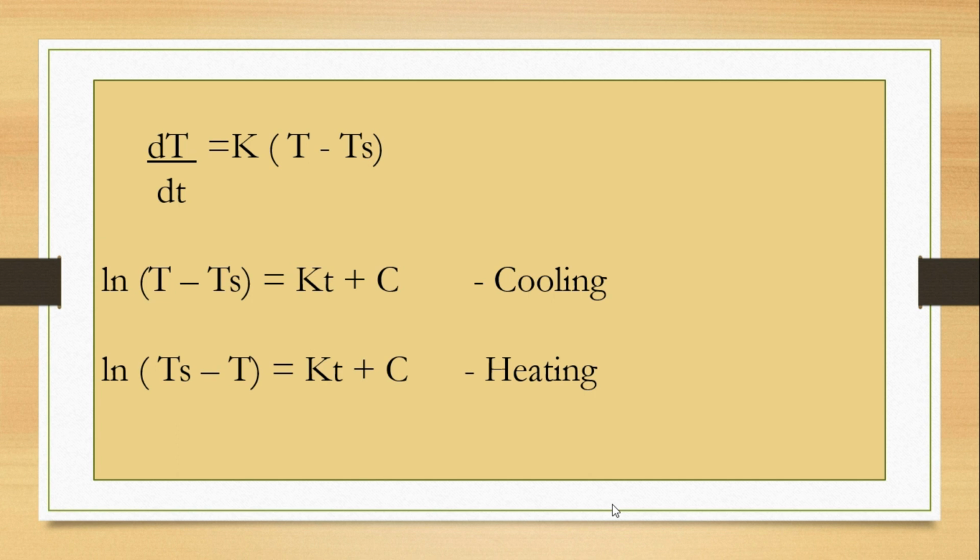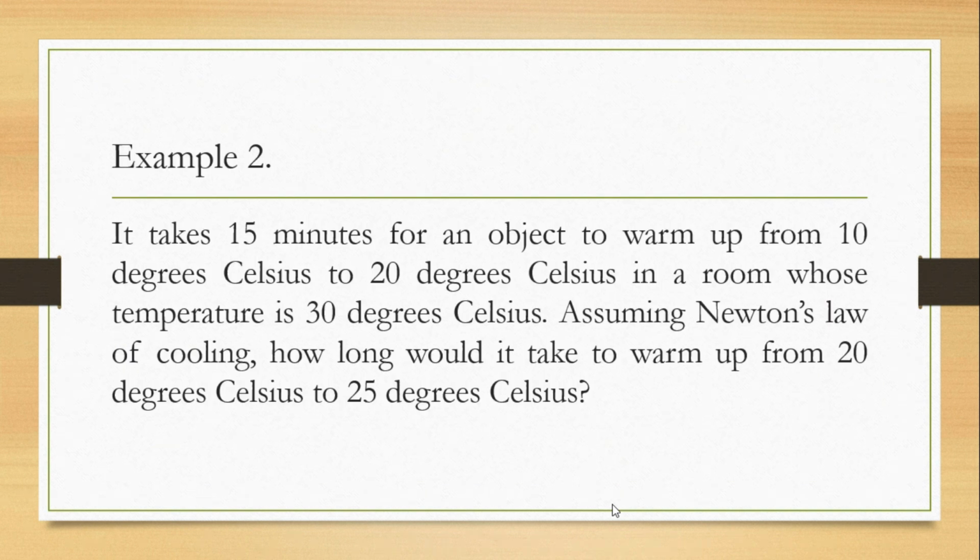If the process is heating, we have the second formula, which is ln of the difference between the temperature of the surroundings minus the temperature of the object equals the proportional constant k times time plus c. From the second example, it says how long would it take to warm up from 20 degrees Celsius to 25.